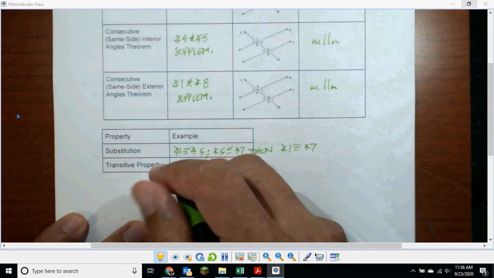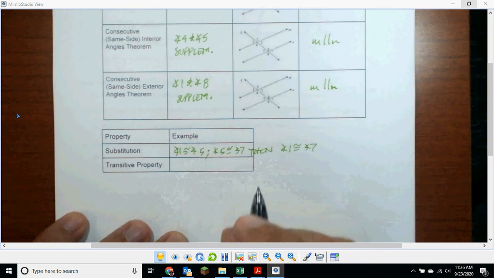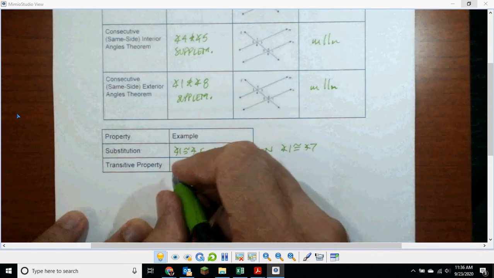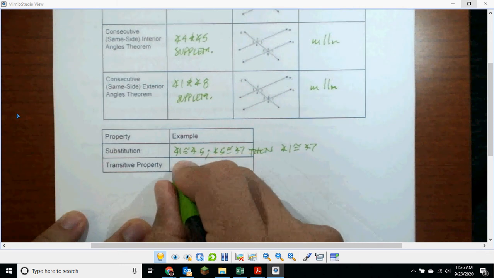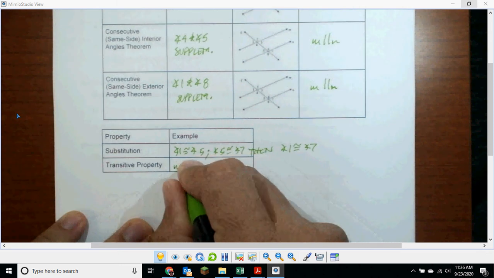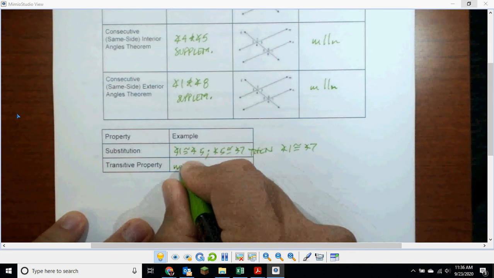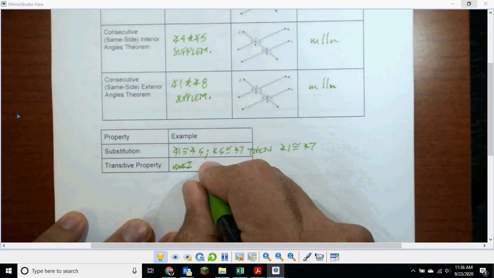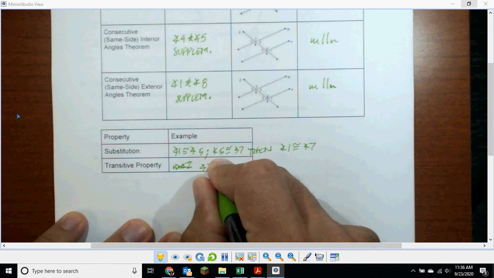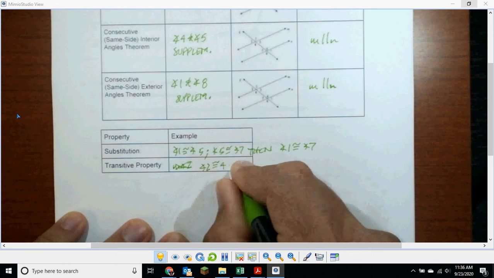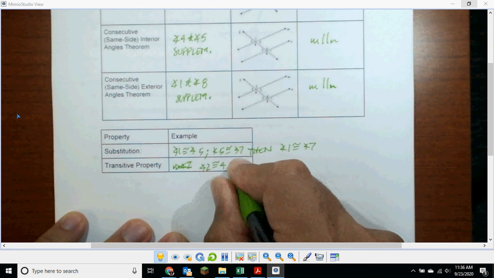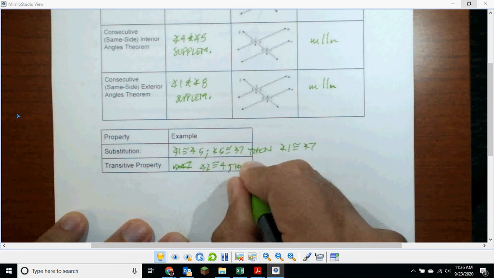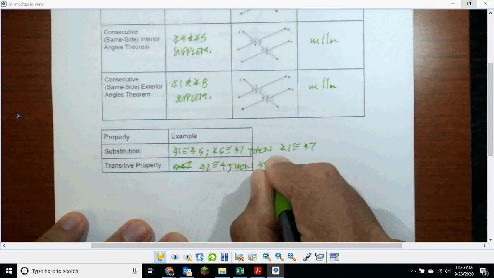The transitive property is very, very similar. So if I say that measure of angle 2, no, that's not good. If I say that angle 2 is congruent to angle 4, and then the transitive property tells me that angle 4 is congruent to angle 2.